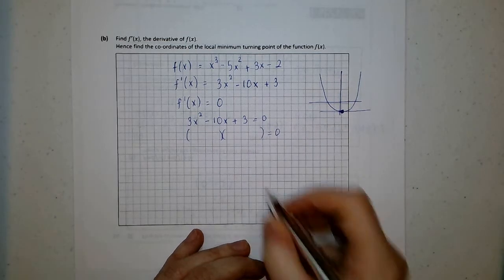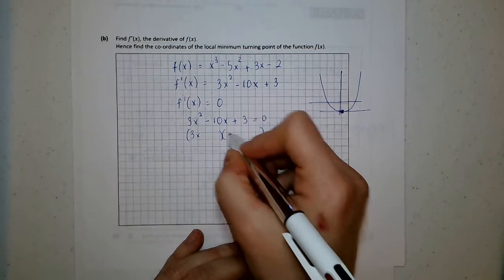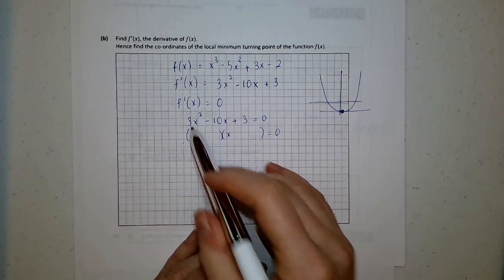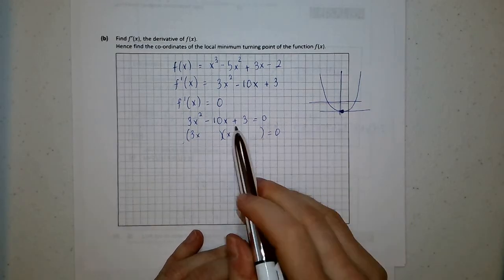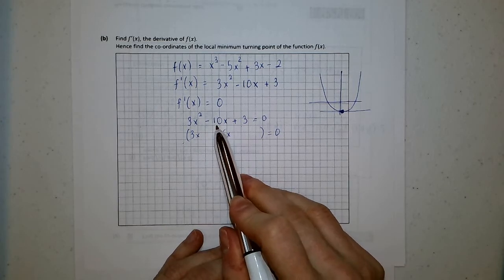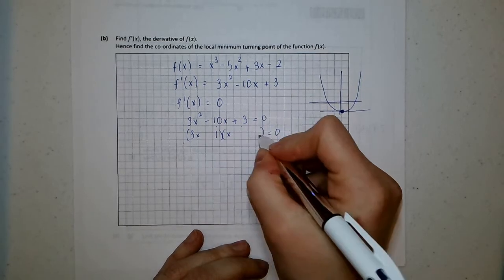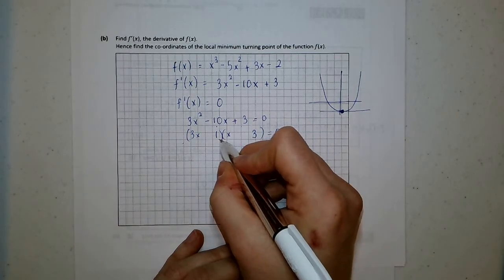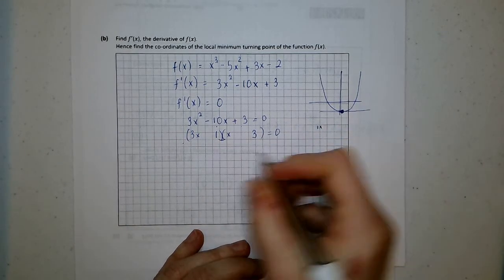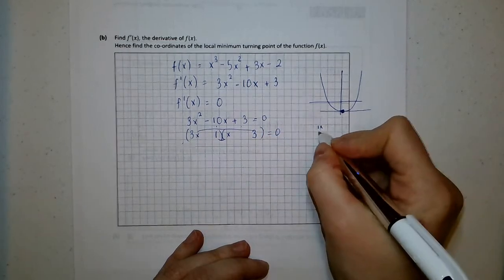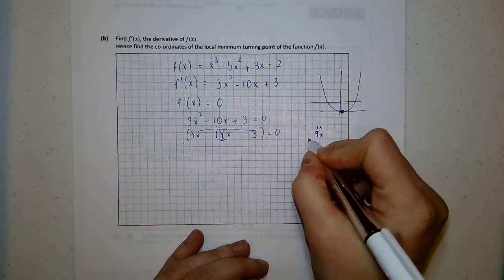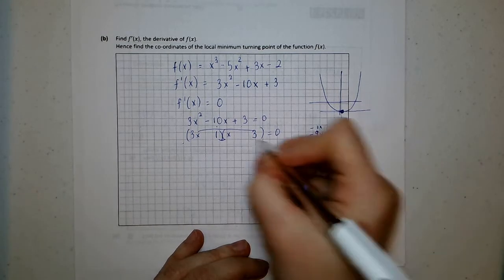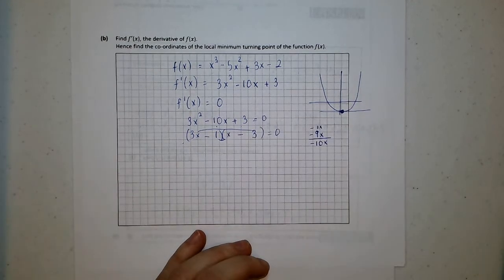Opening up your brackets, 3x at the start of the first bracket and x at the start of the second bracket, because 3x times x is 3x squared. Factors of 3 that will give us 10x. So we're going to put 1 in here and 3 in here. When we multiply inside by inside, we get 1x, and outside by outside, we get 9x. Okay, and we want a minus 10x, which means both of our signs need to be negative, like so.